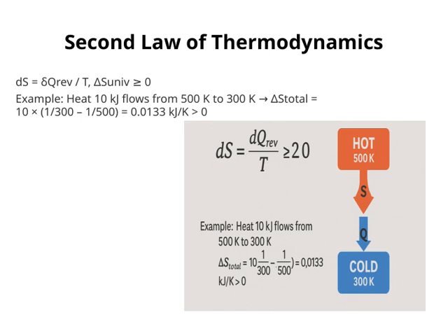For example, imagine heat flowing from a hot object at 500 Kelvin to a cooler one at 300 Kelvin. If 10 kilojoules of heat transfer occurs in this process, we can calculate the total entropy change as 10 times the difference between the reciprocals of the temperatures. When we do the math, it comes out to approximately 0.0133 kilojoules per Kelvin, which is positive.